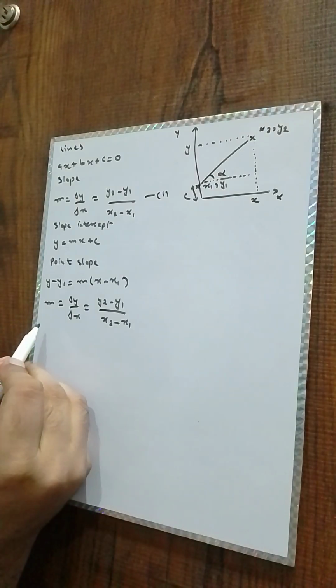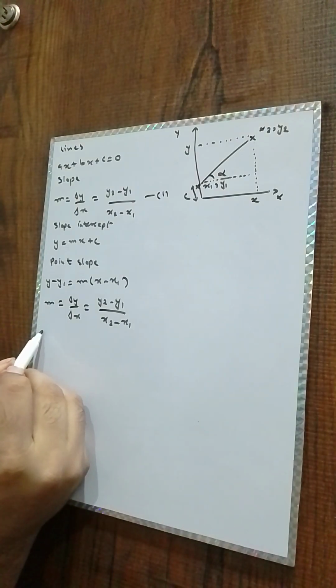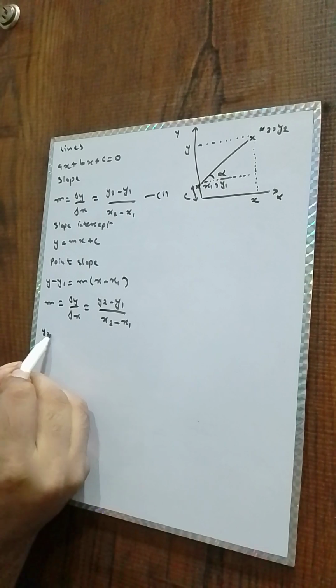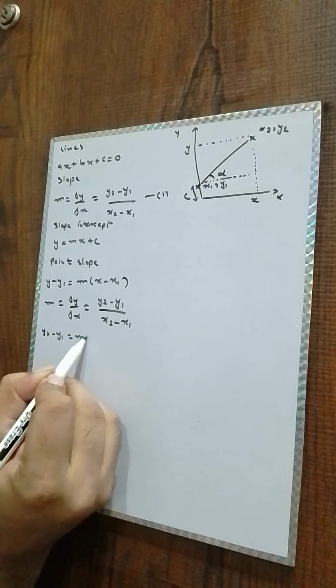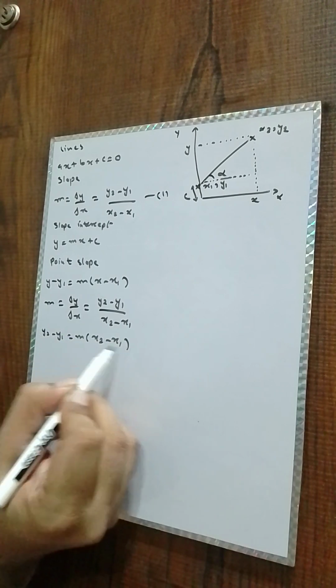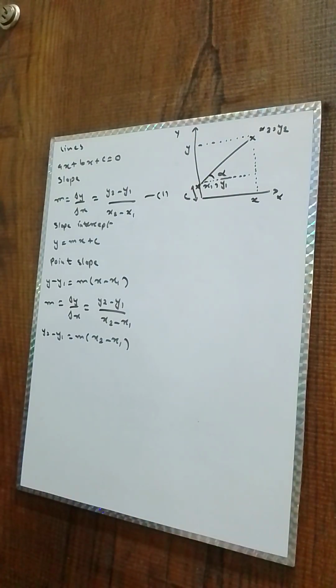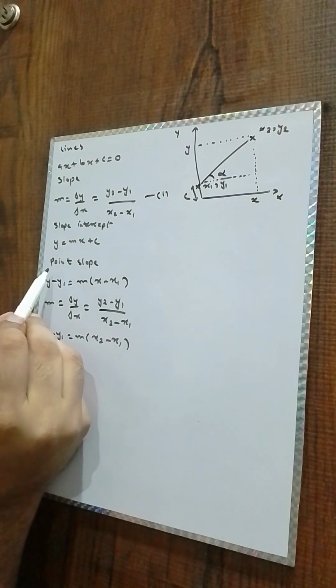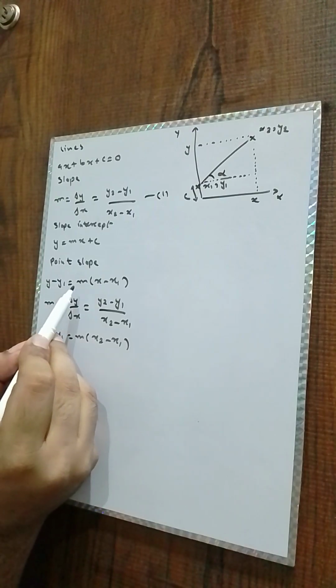Once you have this, you can write y2 minus y1 is equal to m into x2 minus x1. Let me bifurcate here. Point slope form is when you have the slope and a point.